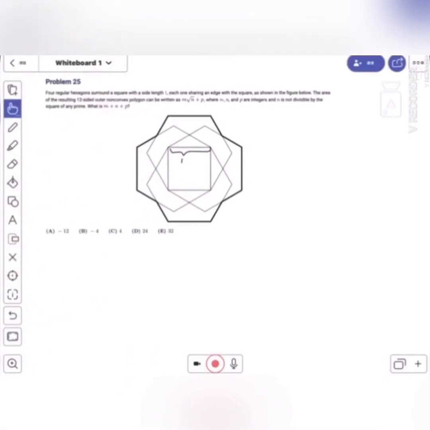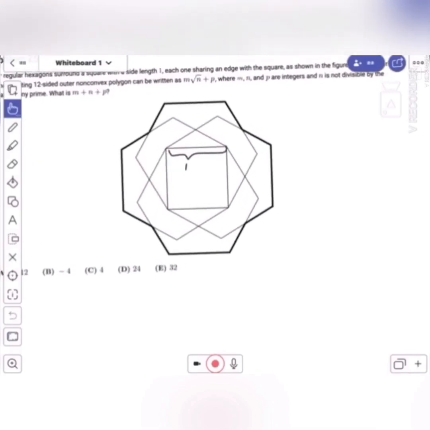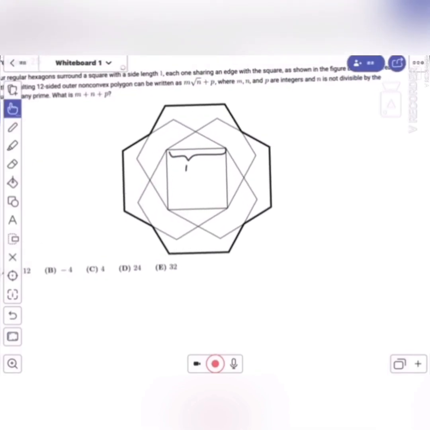Now let's try to look at this problem. First, the 12-sided gon is just the boundary polygon outside. And we can see that this diagram is actually pretty symmetrical, right?